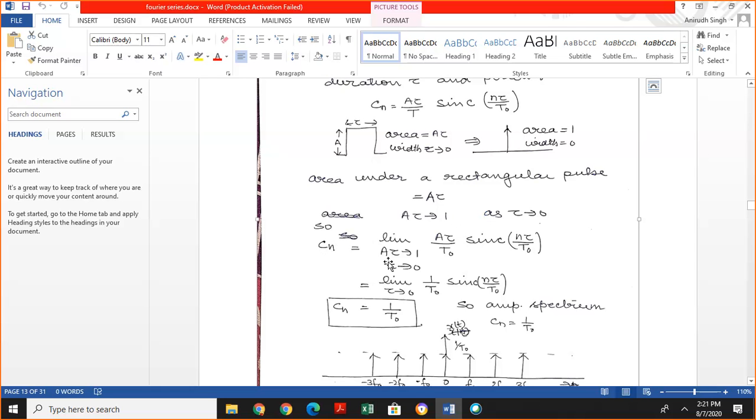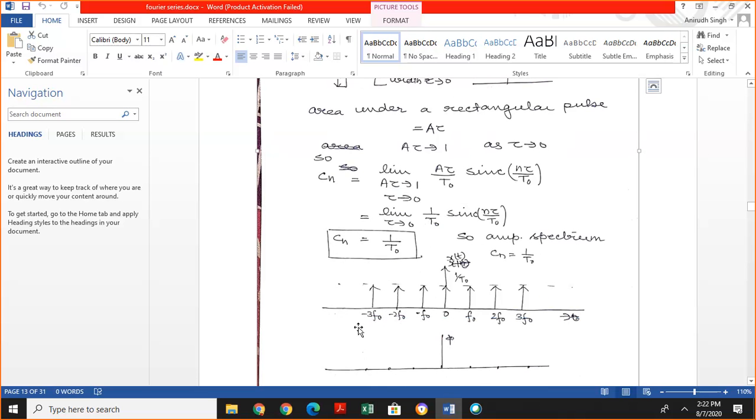So we can write that Cn is equal to the limit as tau tends to 0 of A tau, which is the area and tends to 1, over T naught. Since tau is 0, the value of sinc of 0 is always 1, so the value of Cn is 1 by T naught.